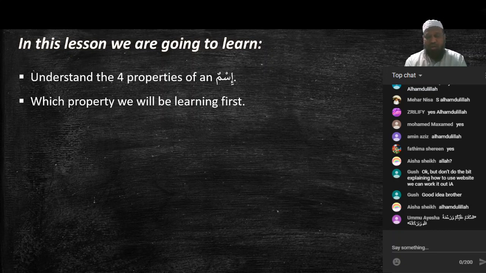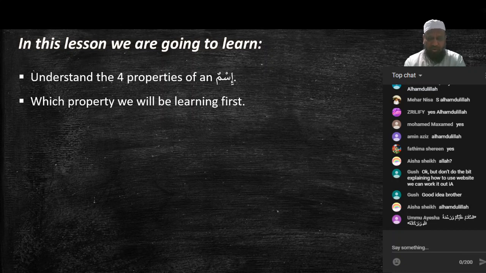In Arabic, we've learned there are 3 types of kalimat. Kalima is of 3 types. Number 1 is ismun. Number 2, fi'lun. And number 3, harfun. We've learned the definition of ism. Ism is a name of a person, animal, place, or thing.